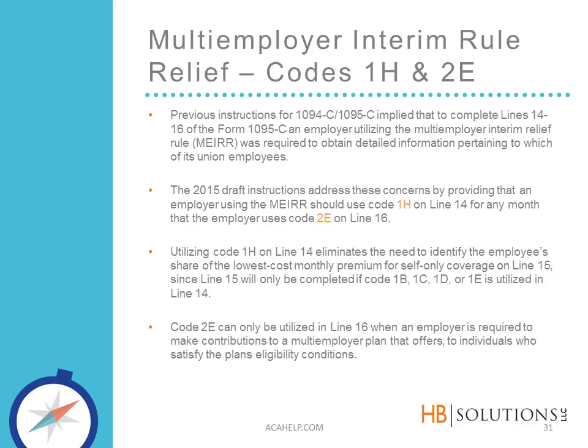So there's still some uncertainty on how this is going to play out, but what we're seeing is that for employers who do have a multi-employer plan, it's best practice to reach out to the union or to the fund administrator and try to get some certification on those pieces: the affordability, that it provides minimum value, and covers dependents. But without that, again, it's a little unclear at least as to how the IRS is going to interpret forms using these codes.